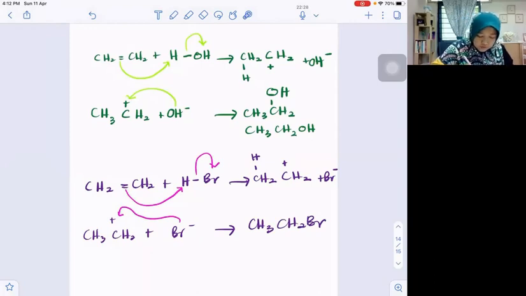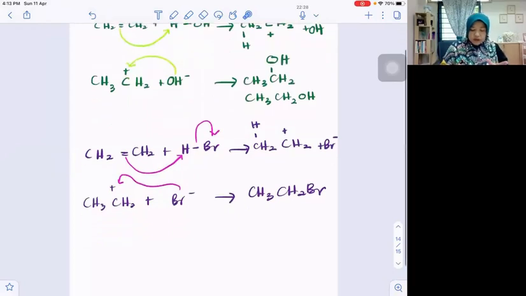It is simple for the symmetrical alkene. But if we have an unsymmetrical alkene, we start to consider the Markovnikov rules. Let me show you an example.